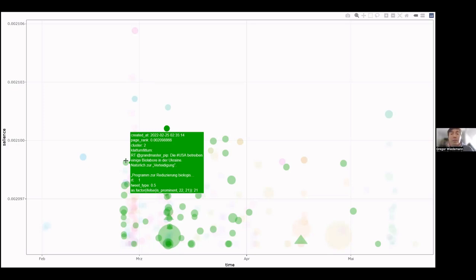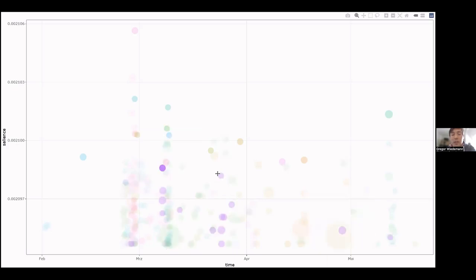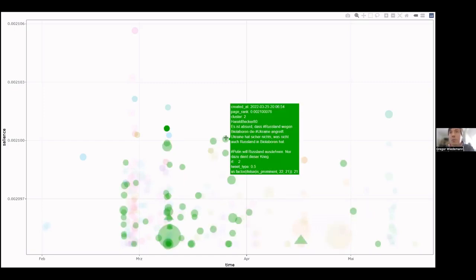Let's say we have this green cluster on the current plot, and it first starts on the 25th of February. One of the last tweets is here in May, and lots of tweets of that same cluster are in between. So this is quite dispersed over time.